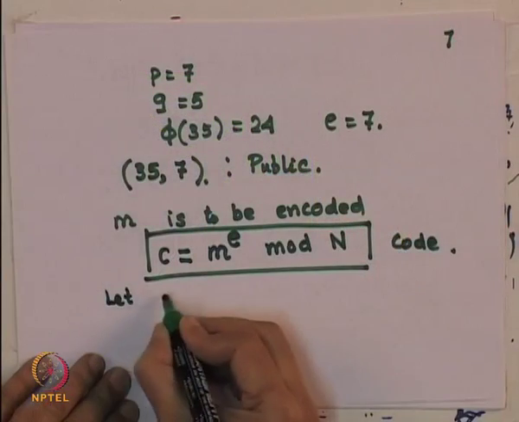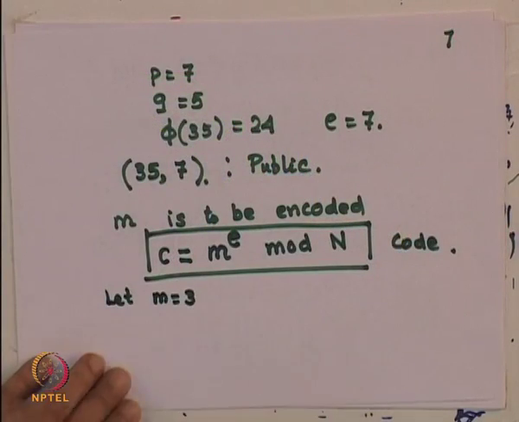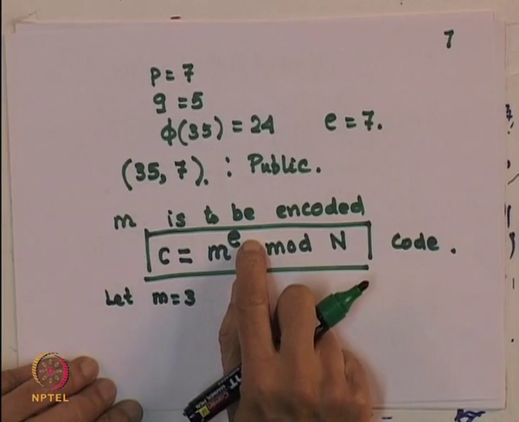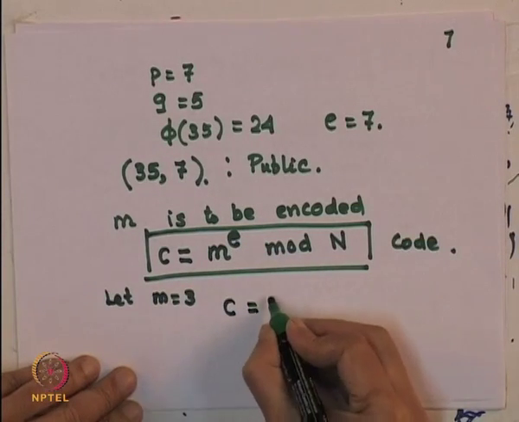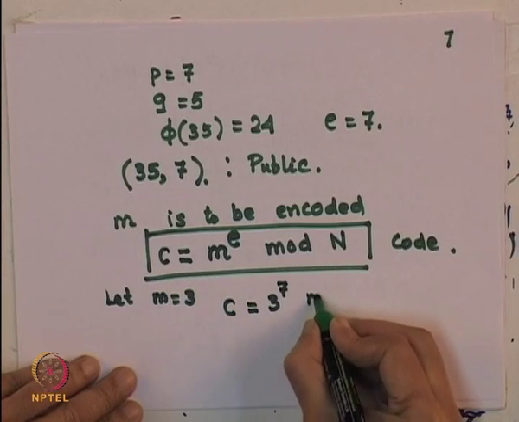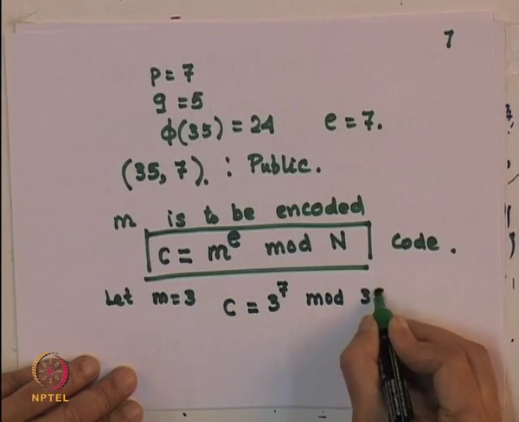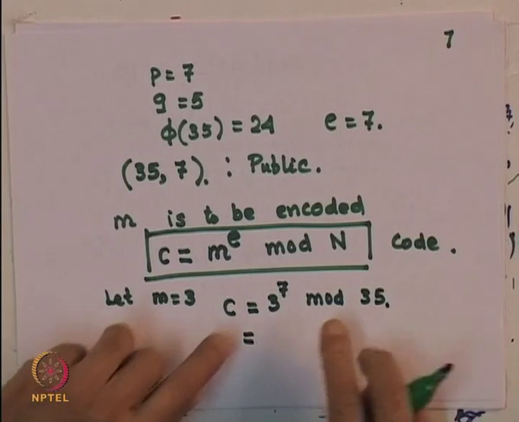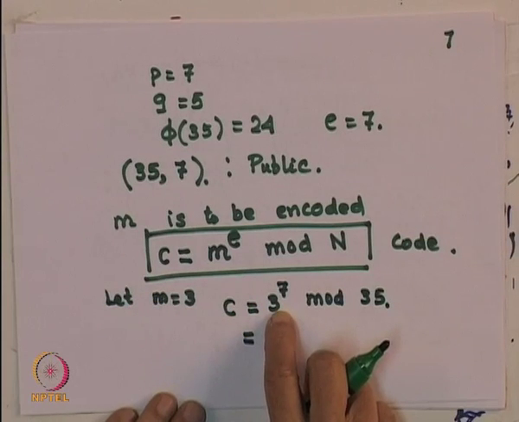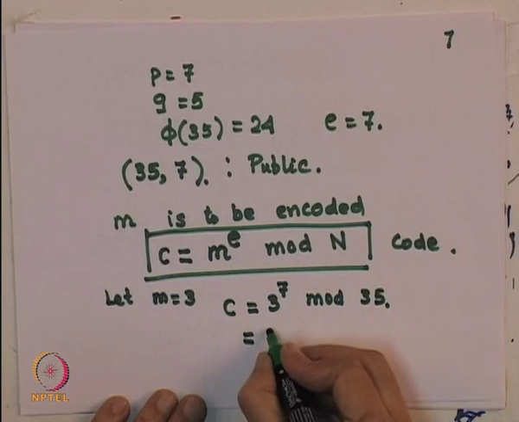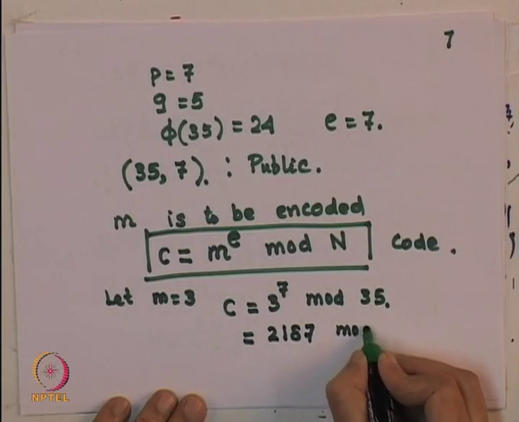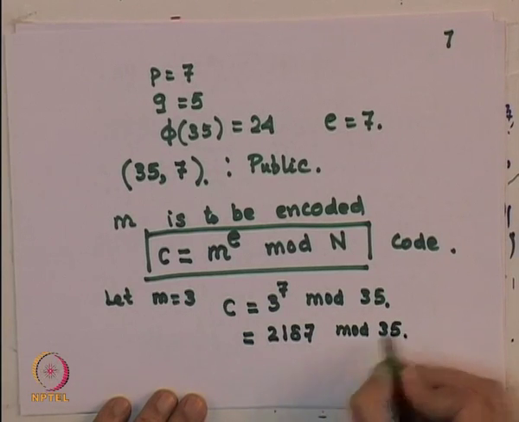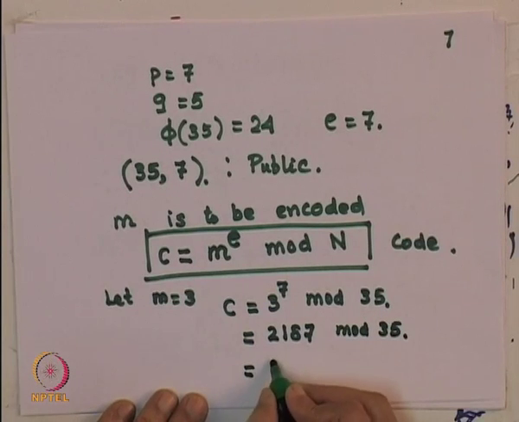Just to give you an illustration, let M be equal to 3. We had said E is equal to 7. So my C in this case will be 3 to the power 7 mod 35. You can calculate this number in a calculator. You will find this number is given by 2187 mod 35, and this will work out to 17.